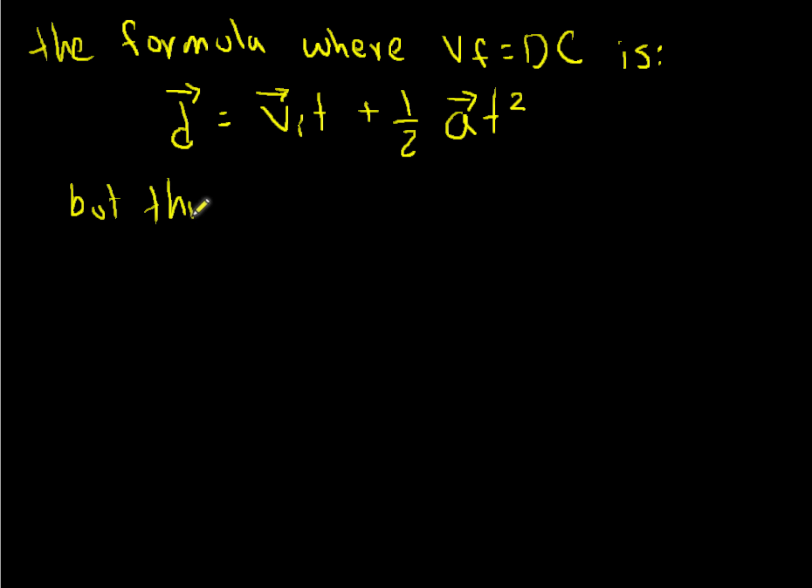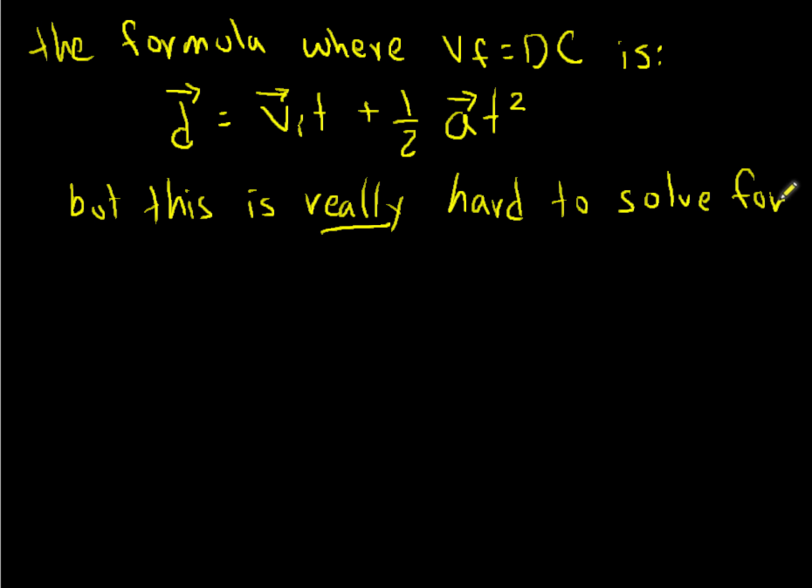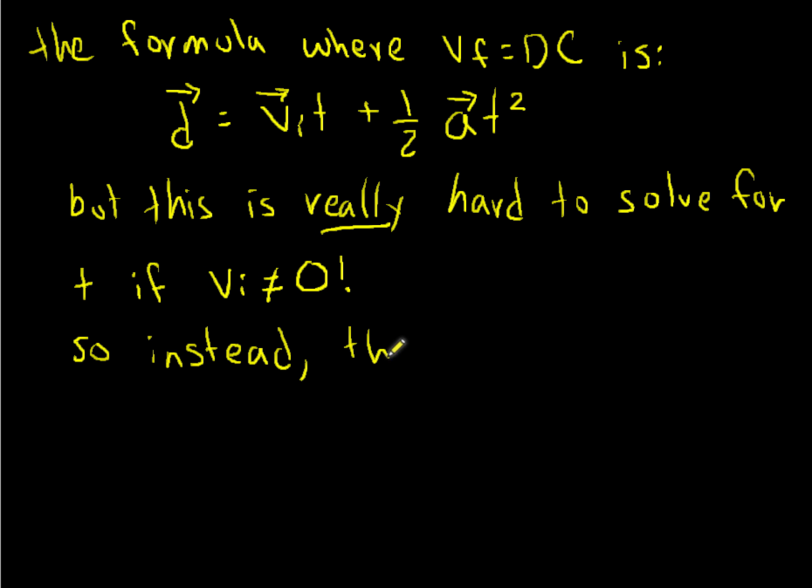But this formula is really hard to rearrange for t if Vi is not equal to 0. Remember, in the last example Vi was 0 and that's why we were able to use it. So instead, we have to go about it another route.